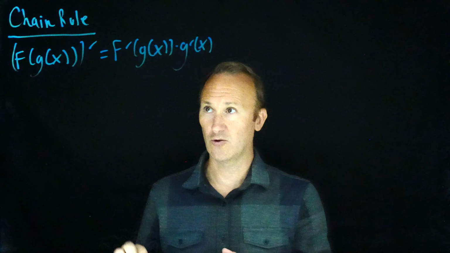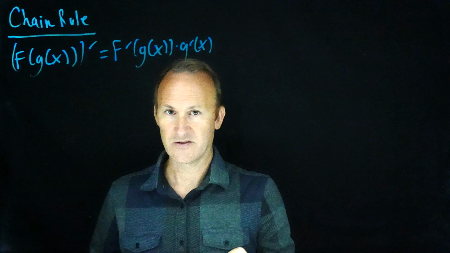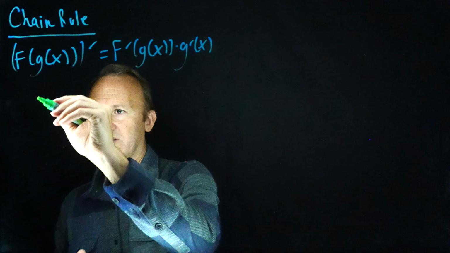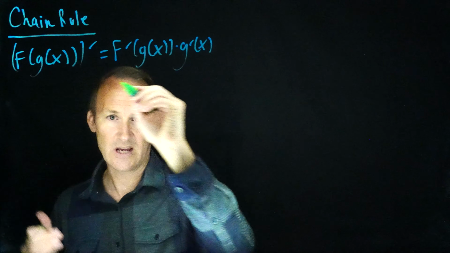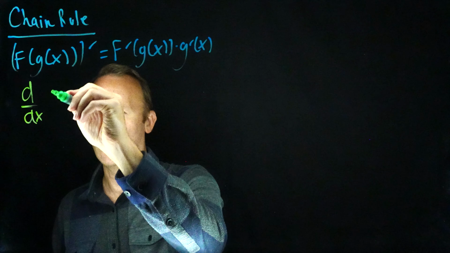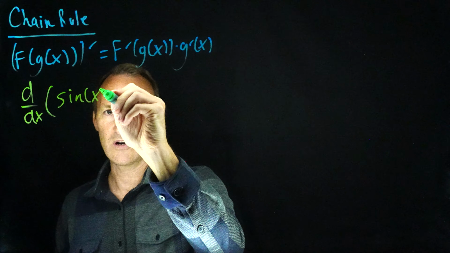Okay, let's take a look at it in terms of an example. We're going to take the derivative, so we'll have a d dx, right? Derivative of what? Let's go with the sine of x squared.